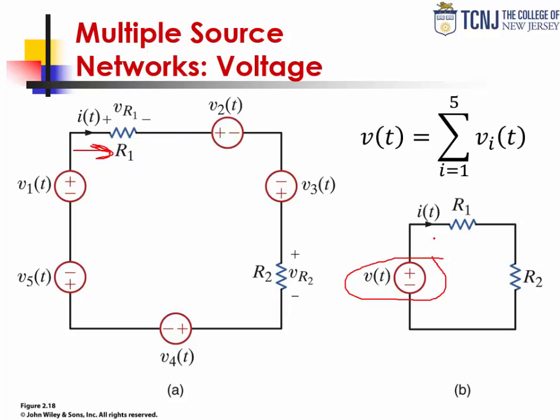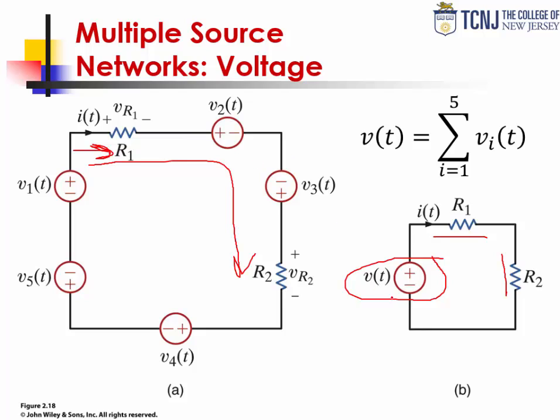And we also can preserve R1 and R2. The current doesn't know that these two resistors are not adjacent to each other because it's a single loop. So it doesn't matter. I can rearrange the connection of all these sources and resistors in the same loop, and the behavior is going to be the same.